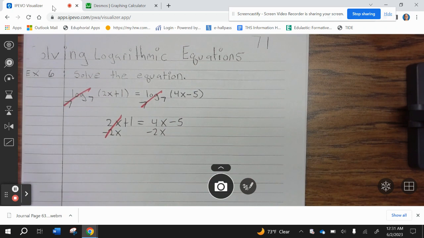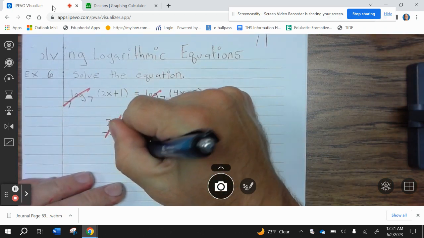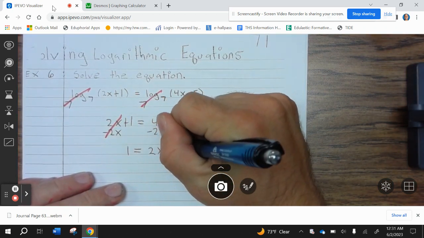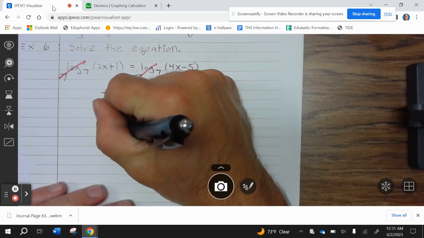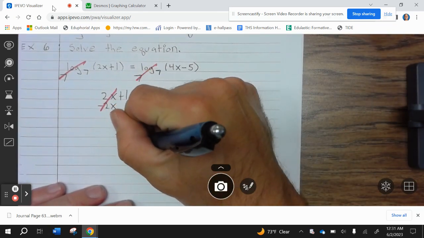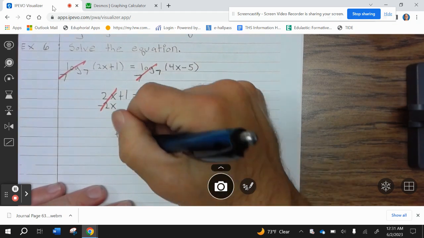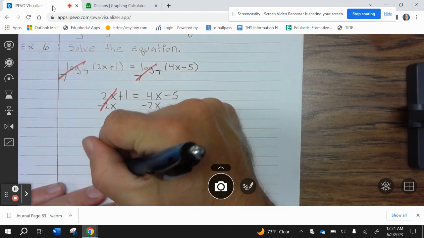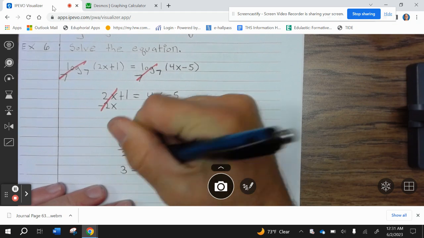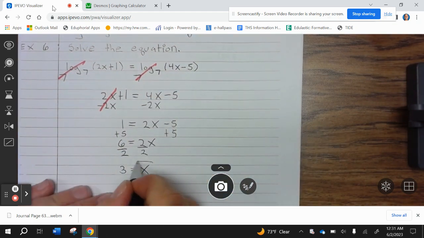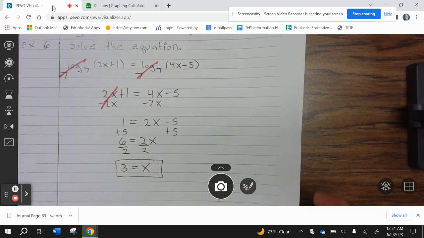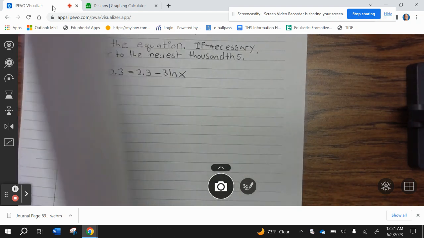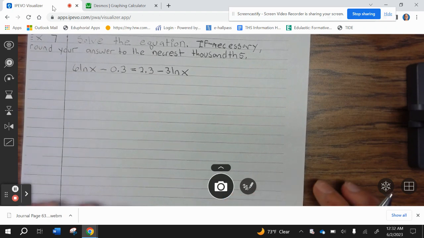Cancels, you get 1 equals 2x minus 5. Add 5 to both sides. You get 6 equals 2x. Divide both sides by 2. x equals 3. All right, finish up example 6.